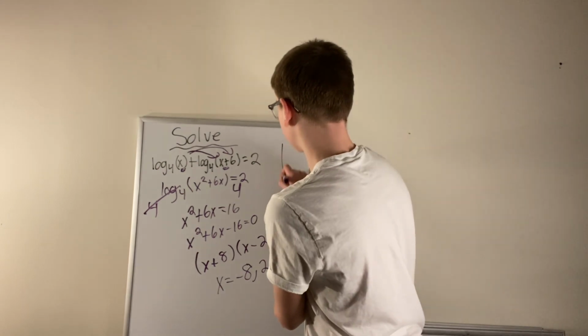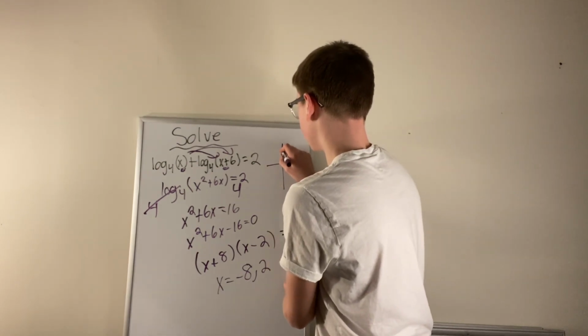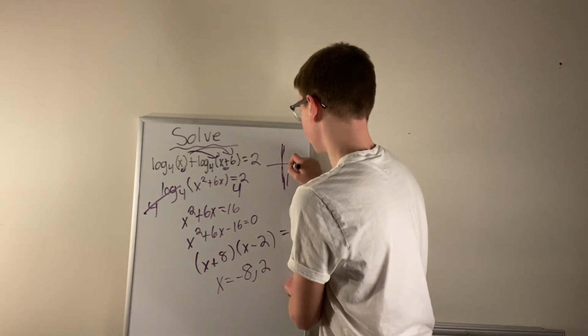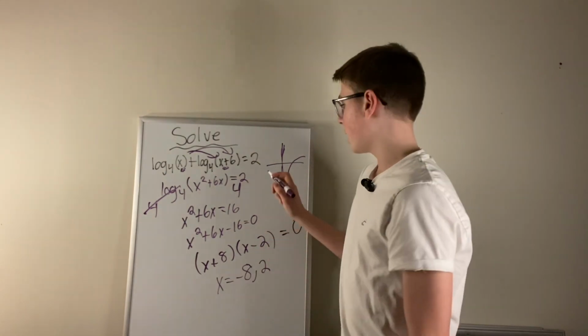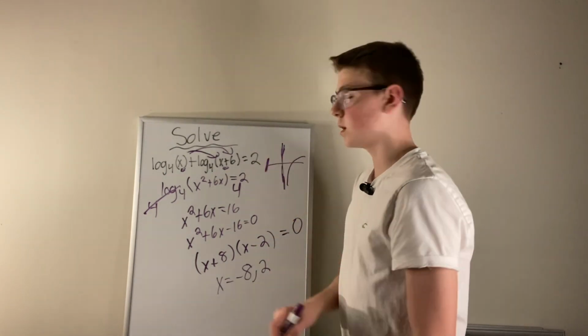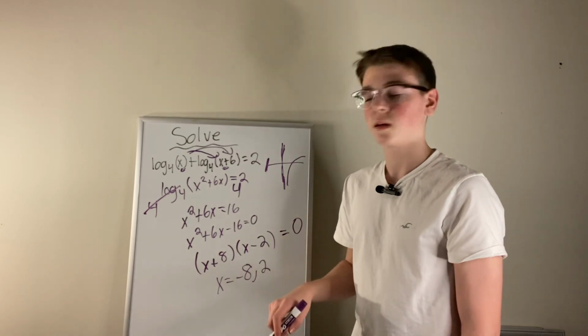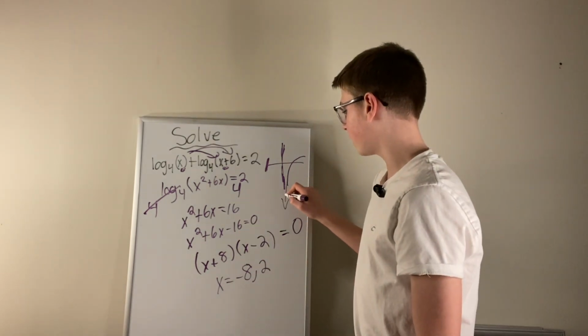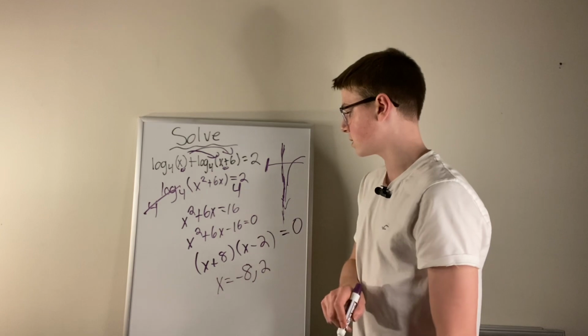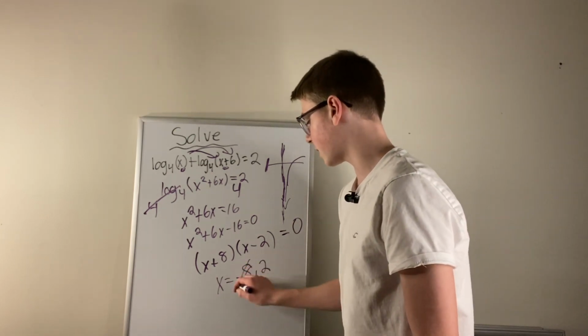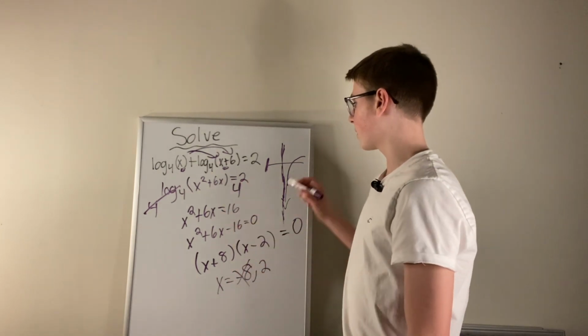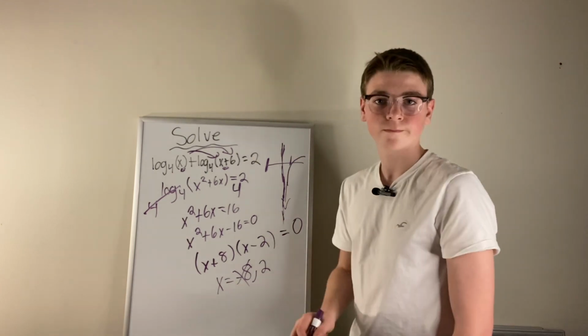So if I give a little drawing here, here is our y-axis, and this is an asymptote. This is what the graph looks like, and you're expecting a number out here. That's not a thing. This just goes down to infinity and never touches this y-axis. So this -8 is not an answer. 2 is, of course, an answer. It's somewhere over here.